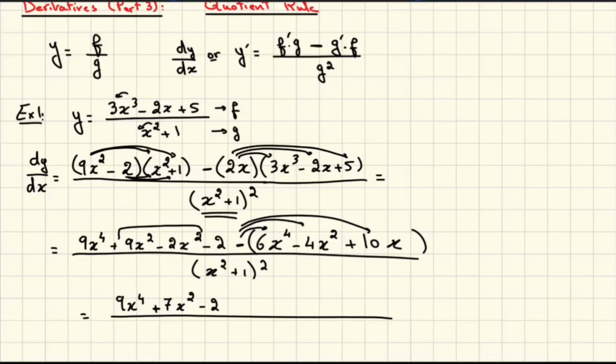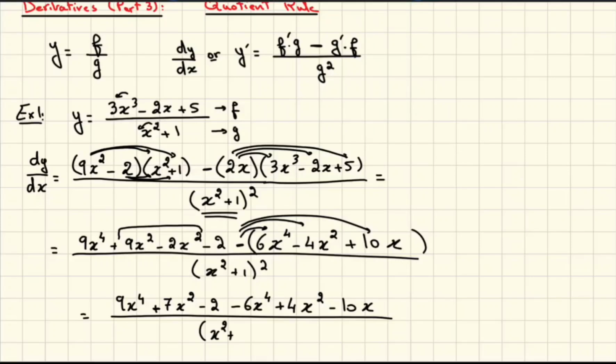So distribute the minus, so it becomes minus 6x exponent 4, then plus 4x squared, because minus times minus will be plus. Or if you want to think about it, the minus outside here will flip the signs inside. So the 6 will change to minus 6, the minus 4 will change to plus 4, the positive 10 will change now to negative 10x.